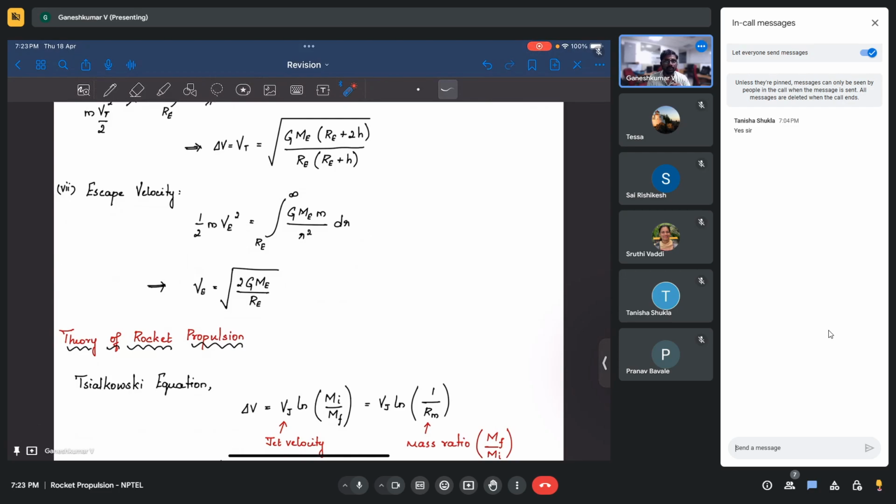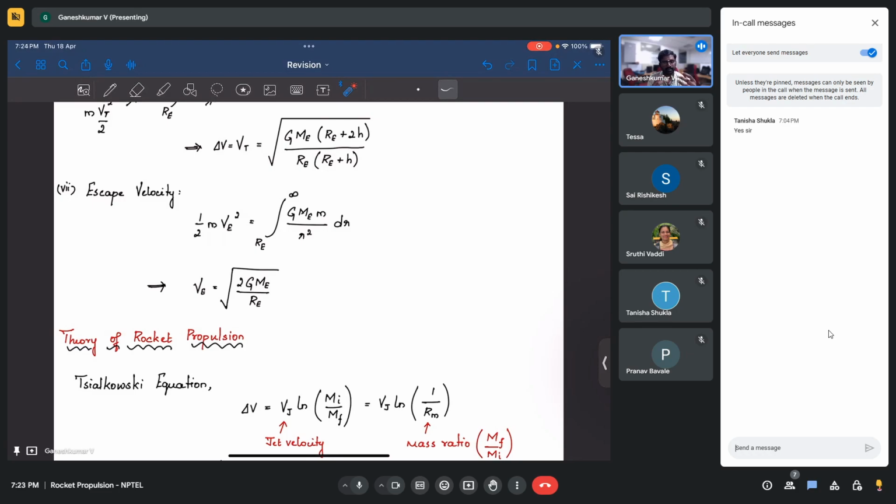So the course itself is designed in such a way that first you should understand why we need rocket propulsion. And if you know why we need it, now we will tell you what the steps are to achieve that target.